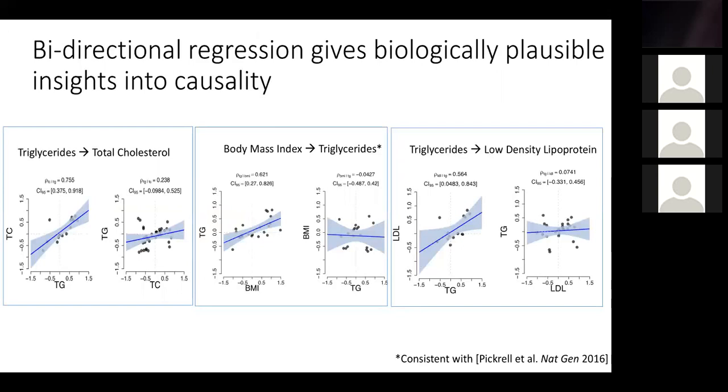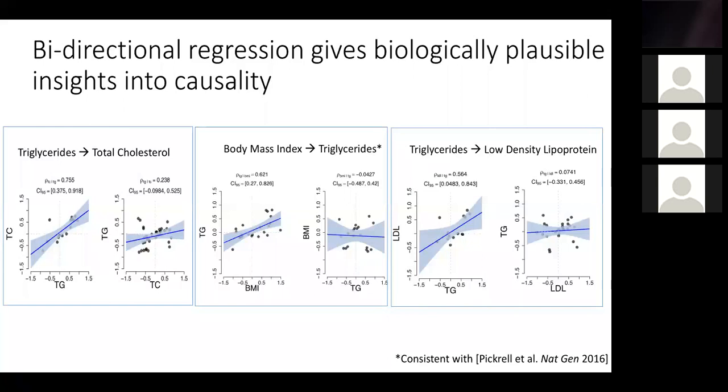So we obviously don't have the causal gene sets in hand, but we can just use the target genes found through TIWAS as proxy and run a bidirectional regression using these gene sets. As a sanity check, we confirm that triglycerides are causal for total cholesterol, which is to be expected, considering that total cholesterol is a direct function of triglyceride levels along with LDL and HDL.